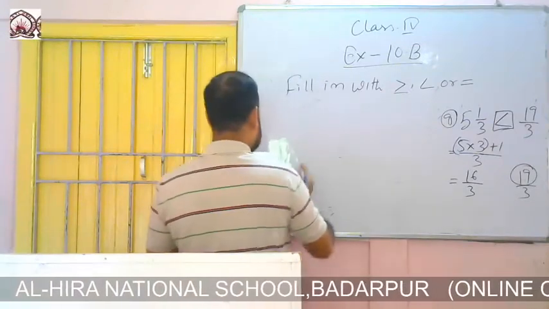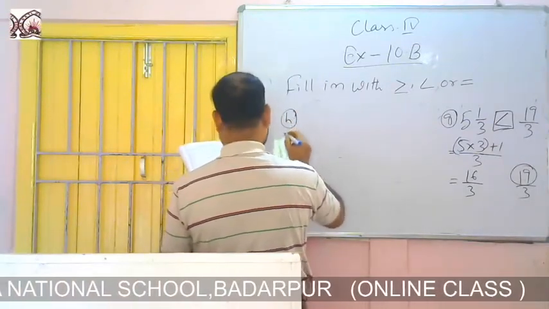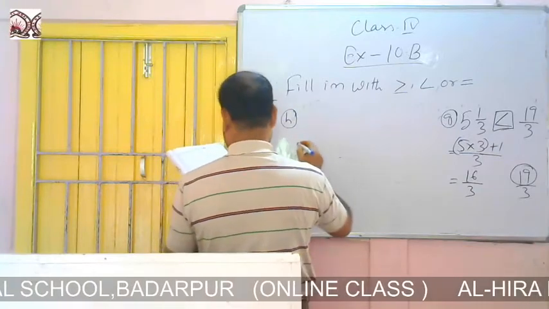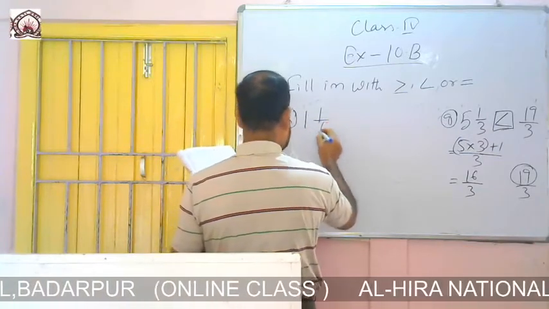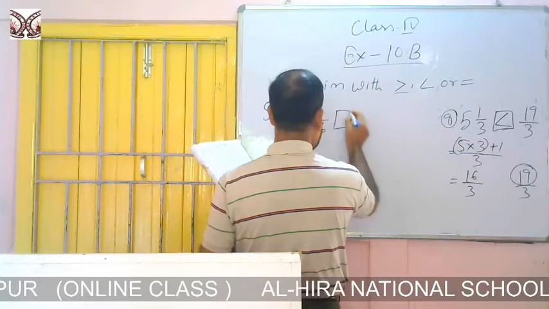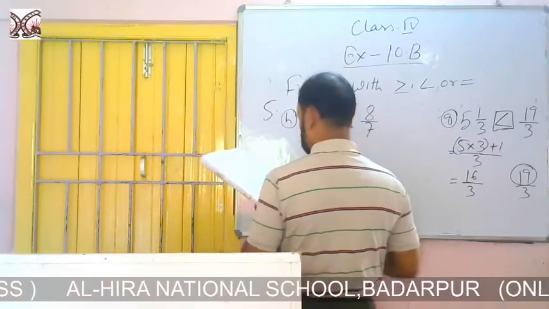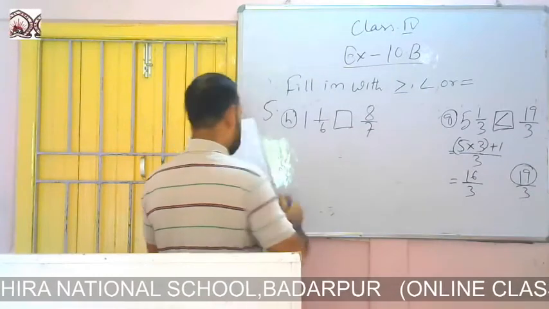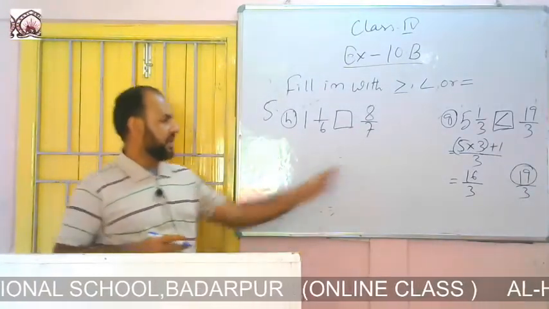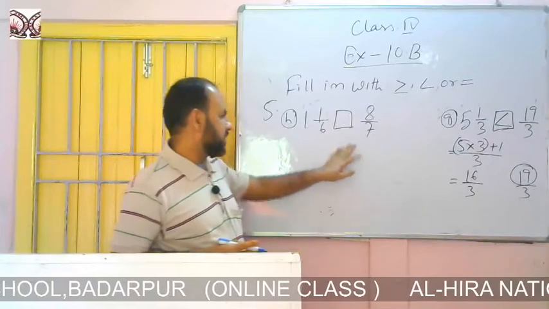Next question number 5h. 1 1 by 6, 8 by 7. Here one is a mixed fraction and one is an improper fraction.